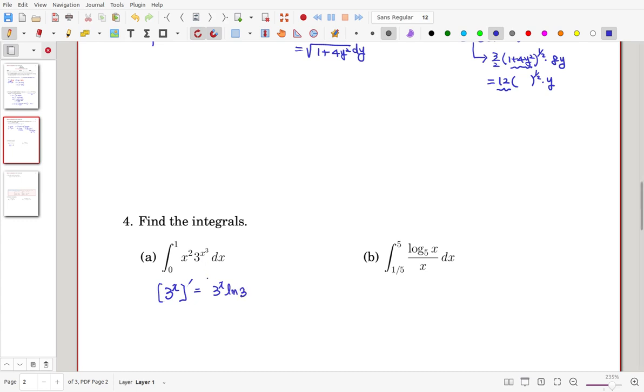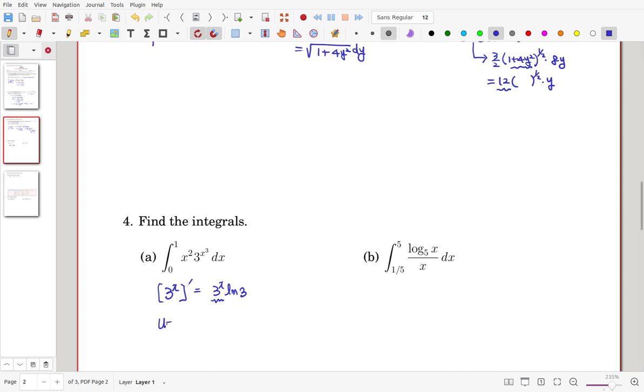So here, integration of 3 to the x will be 1 over logarithm 3 and 3 to the x. But we have these things and x cubed, so we may start with a change of variable.